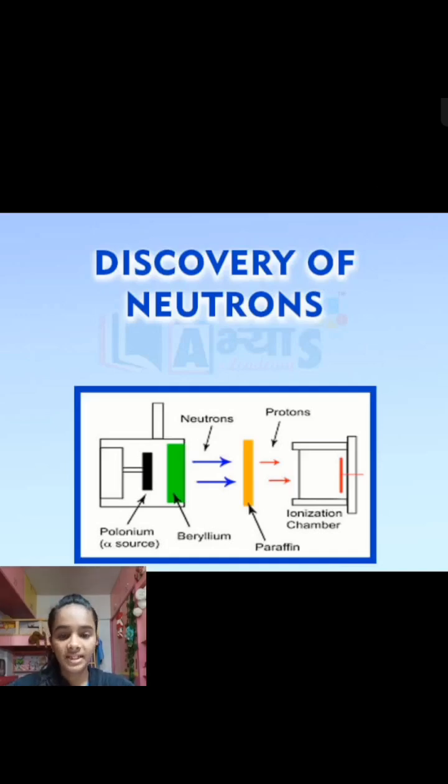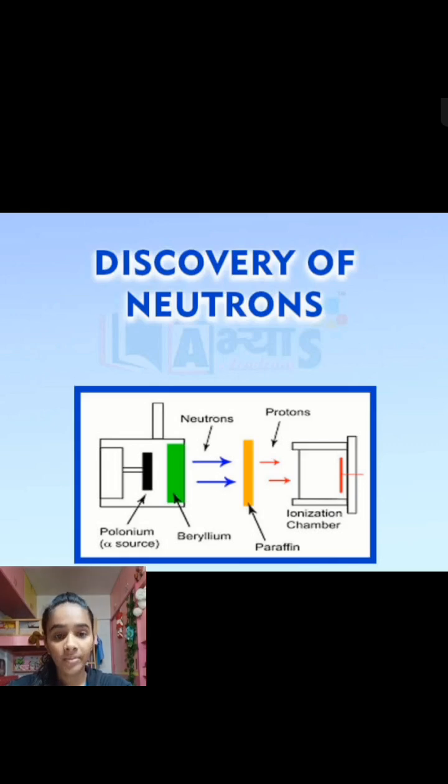Now let's see discovery of neutrons. Scientist James Chadwick in 1932 established that an atom consists of subatomic particles, that is electrons and protons. Electrons have negligible mass, hence the mass of the atom is concentrated in the nucleus.